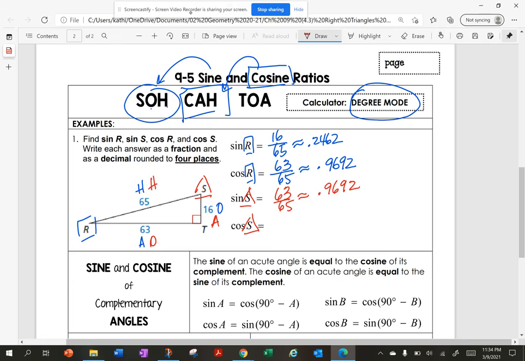And my cosine is going to be adjacent, which is 16 divided by 65, which is approximately 0.2462. So I need to recognize that the sine of one angle equals the cosine of the other angle. So they are related.